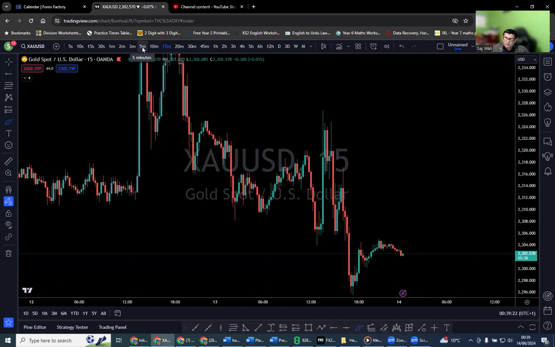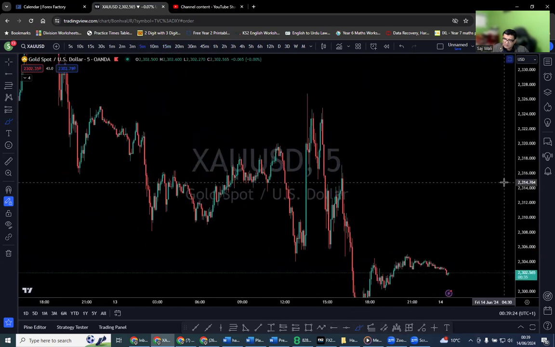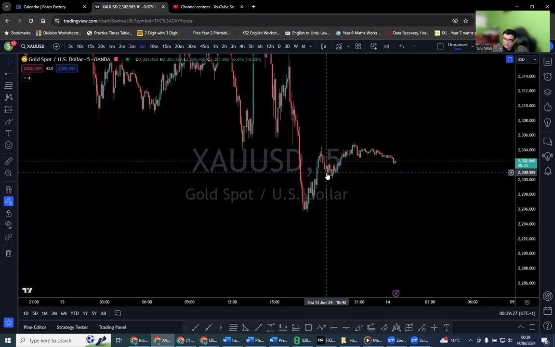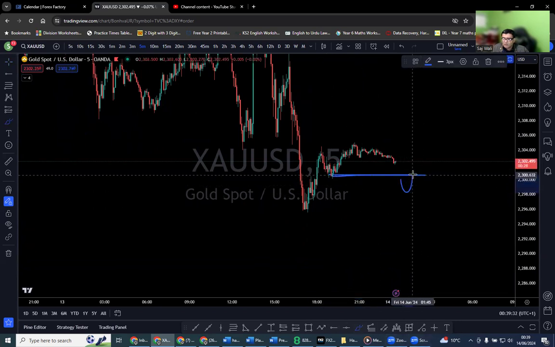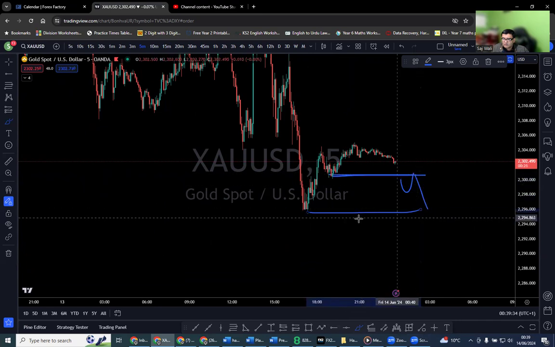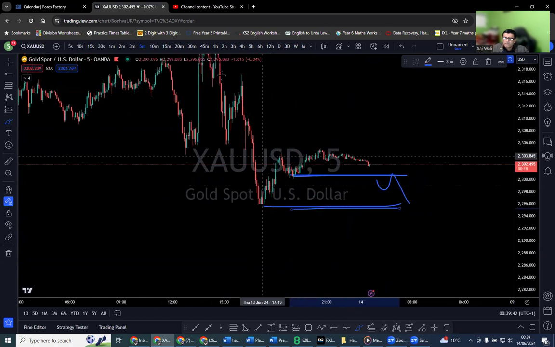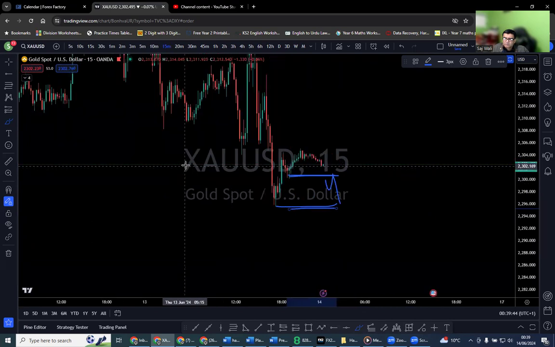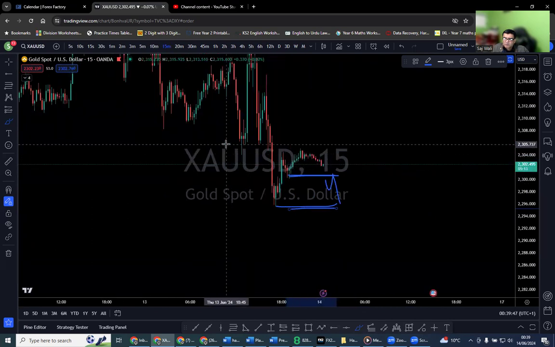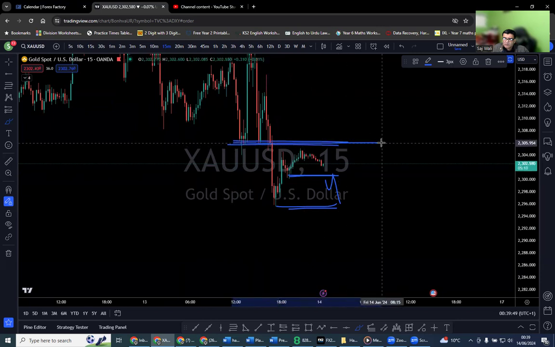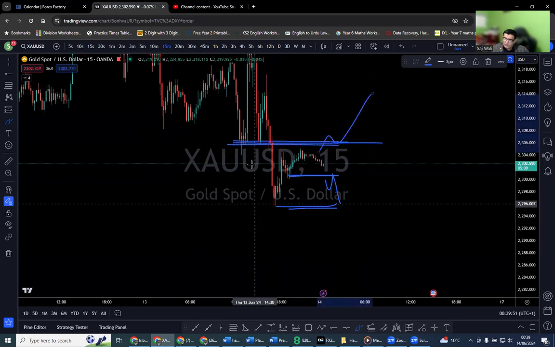Probably the best scenario in our case is that we wait for this level to be broken and retest and then sell trade up to at least up to here. Or, because we got a level here as well, on the break and retest we can take a buy trade. So that's what's happening at the moment.